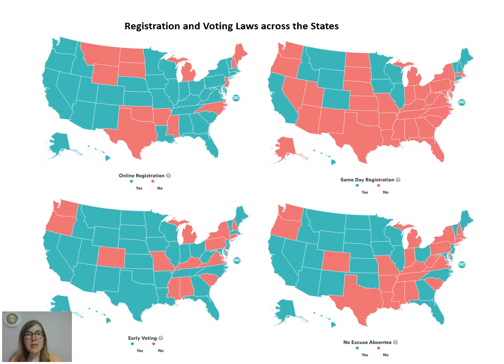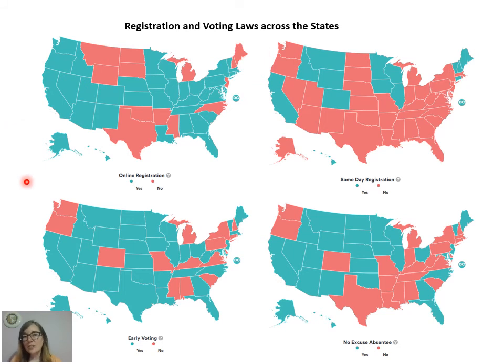So this chart comes from 2018. I won't guarantee that it is still 100% accurate by the time you are watching the video, but the broader message that registration and voting laws vary from state to state is very much still true. If you look at the top left here, it looks at online registration.